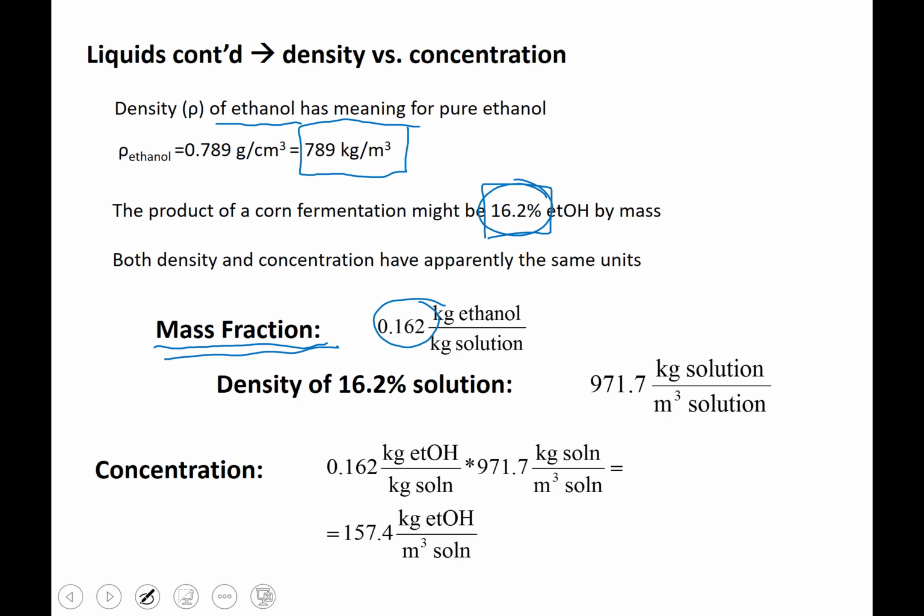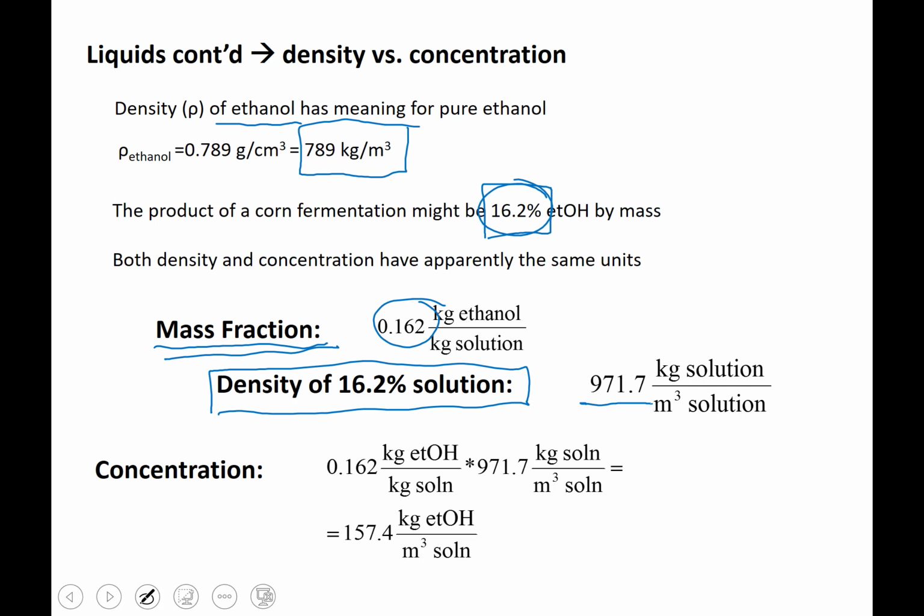So what is the density of a 16.2% solution? Well, we saw the table of data. We can find from the table that the density is 971.7 kilograms of solution per meter cubed of solution.